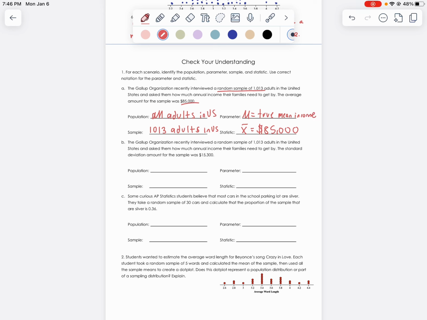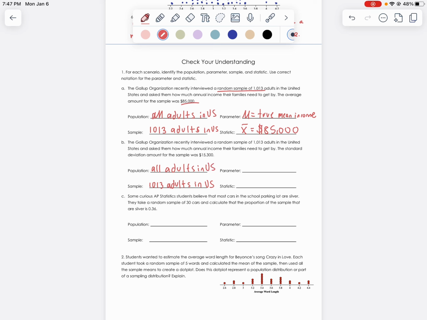All right, in part D, the Gallup organization recently interviewed a random sample of 1,013 adults in the United States and asked them how much annual income their families need to get by. The standard deviation for the sample was 15,300. So again, my sample is 1,013 adults in the U.S., which means that the population is all adults in the U.S. Now, the statistic, this is what was given to us.